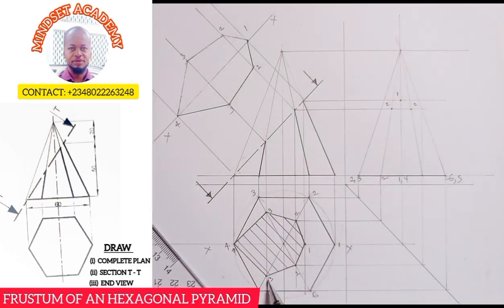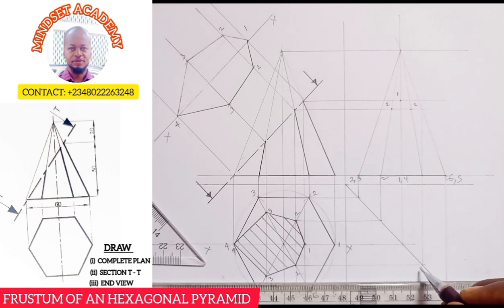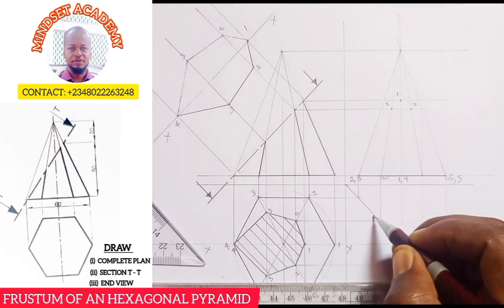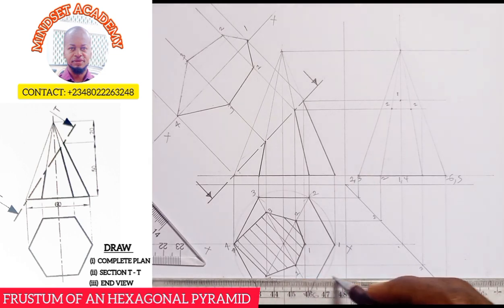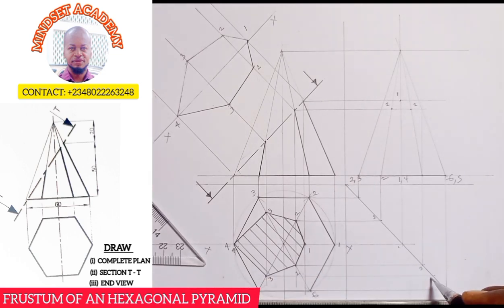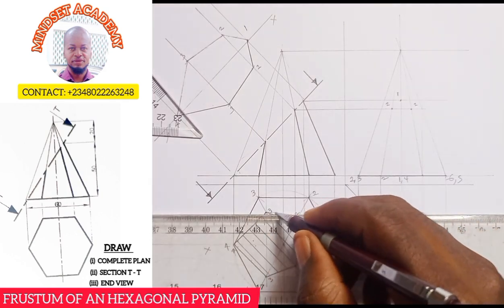Now the next one is 3. So if I project 3, so you know this is point 2, point 1, and point 2 here. So if I go again, 3, this is point 3, and also this is point 3.